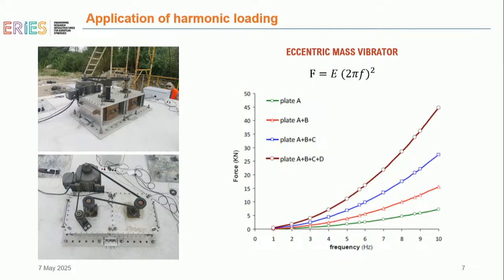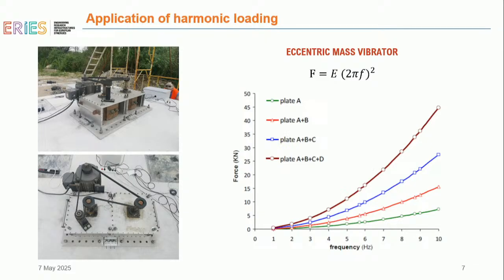And this is not trivial, because you have to orientate two sets of masses that spin with several hundreds RPM, and it is very difficult. If you do not orientate the masses accurately, you are probably going to create some kind of torsional response in the structure that people doing numerical analysis are not expecting. So these are actual conditions, actual loading, and we're trying to interpret the results based on this.